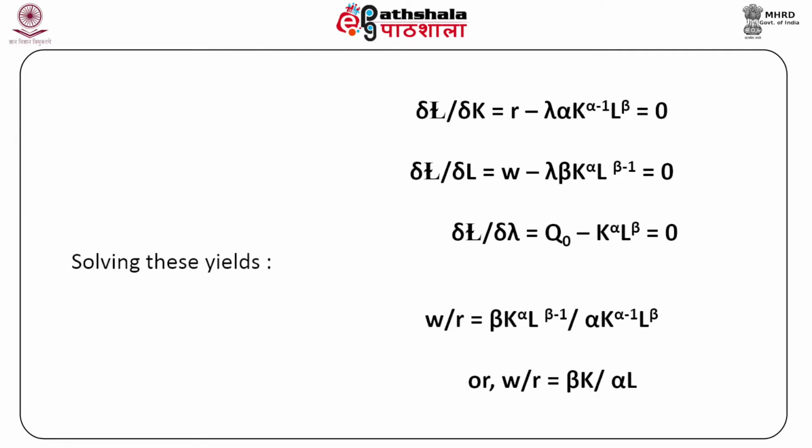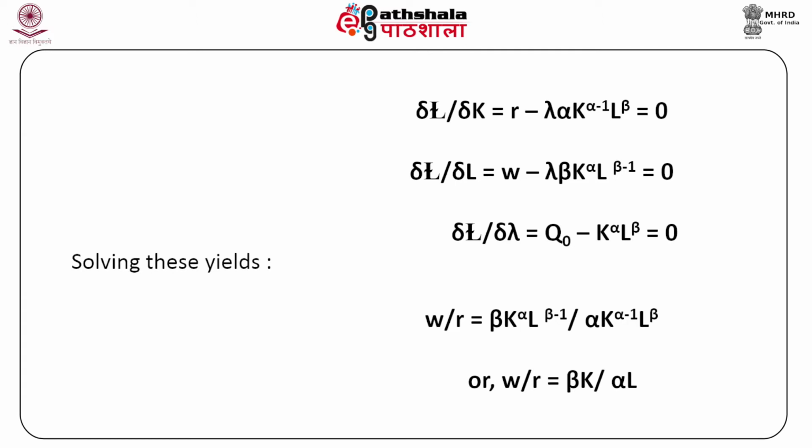Second, ∂Lagrangian/∂L is equal to w minus lambda beta K raised to the power alpha L raised to the power beta minus 1 is equal to 0. ∂Lagrangian/∂lambda is equal to Q0 minus K raised to the power alpha L raised to the power beta is equal to 0.